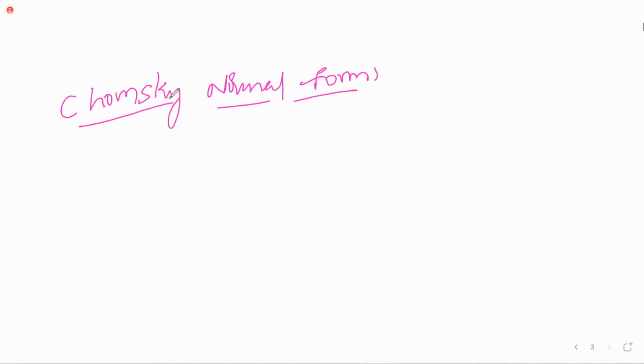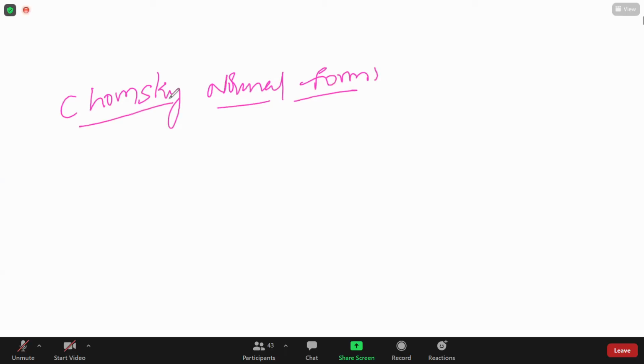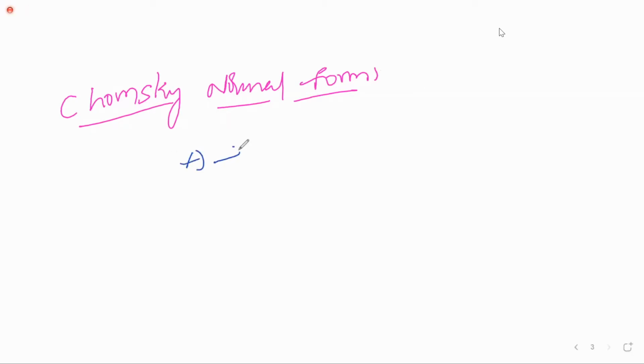The first one is Chomsky normal form. What is this Chomsky normal form? We'll see. Chomsky normal form means every CFL without epsilon can be generated by a CFG in which every production is in the form A to XY or A to a.